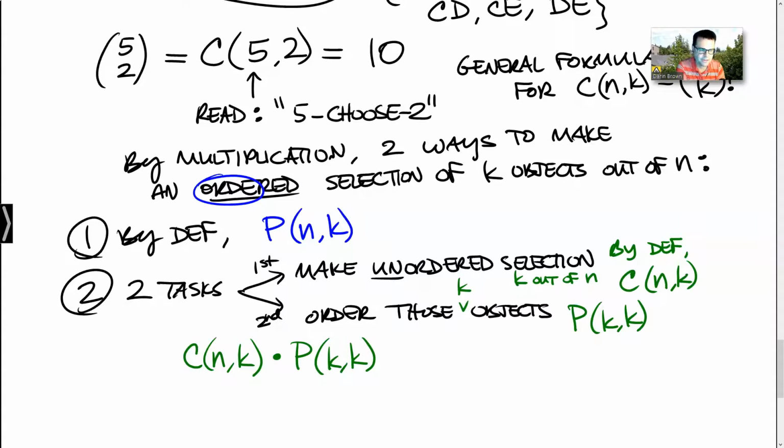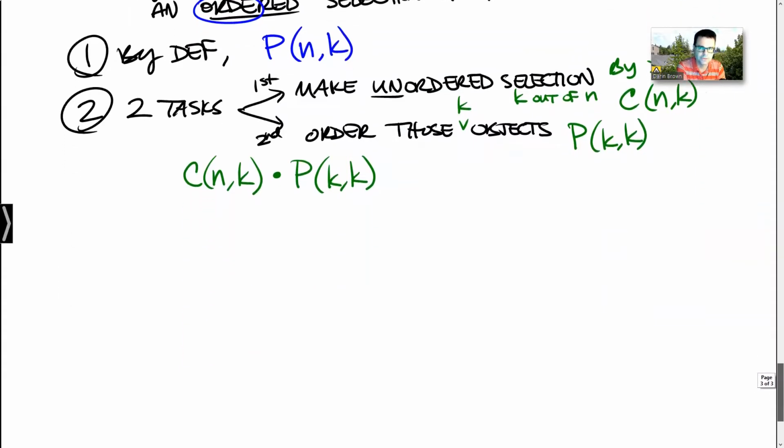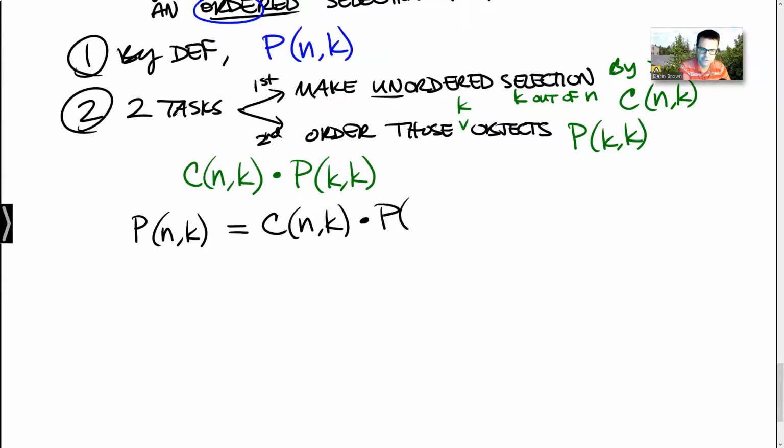So since I'm counting the same thing, these two must be equal. In other words, the number of permutations of k objects out of n has to be equal to the number of combinations times the number of permutations of k objects out of k objects.